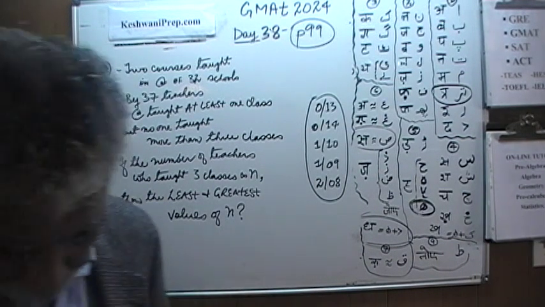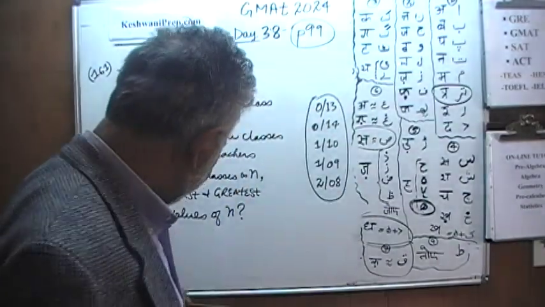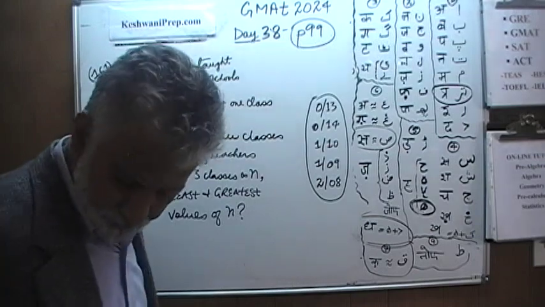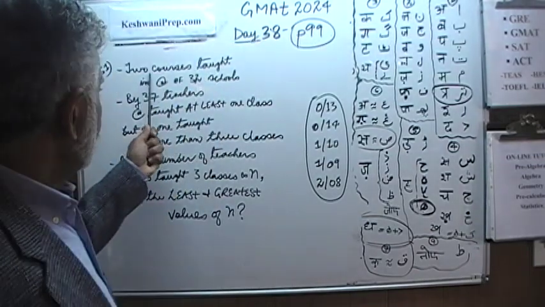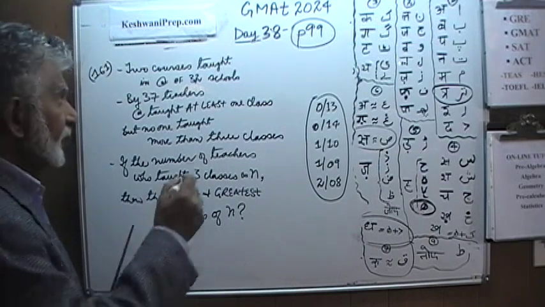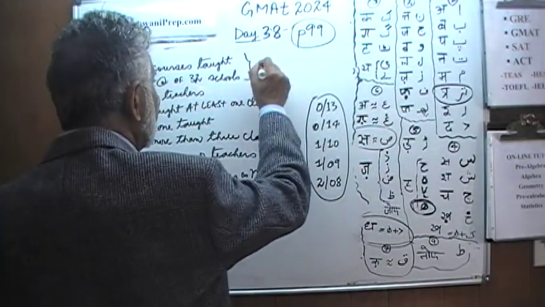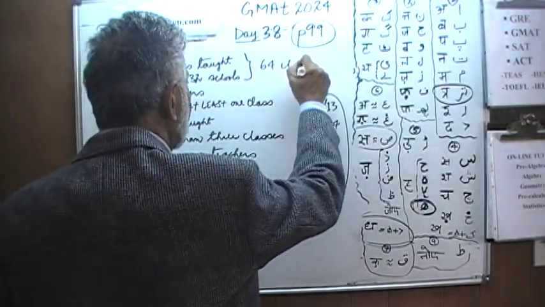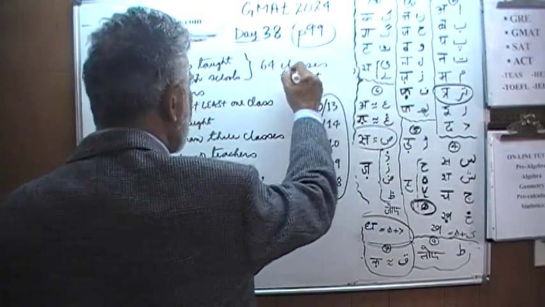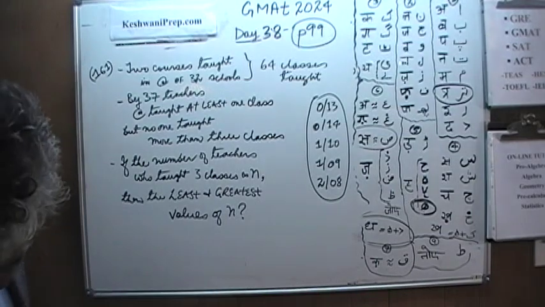Well, let's see what we can do, shall we? First thing we have to understand here is that since 2 courses are taught in 32 schools, you can gather from that the total of 64 classes were taught. That's a very important bit of information.